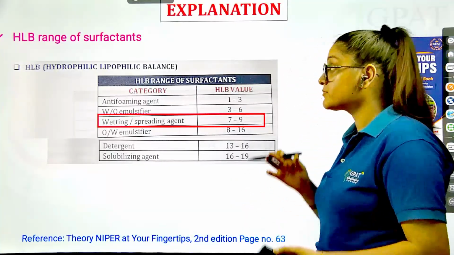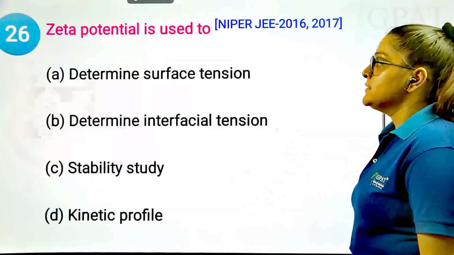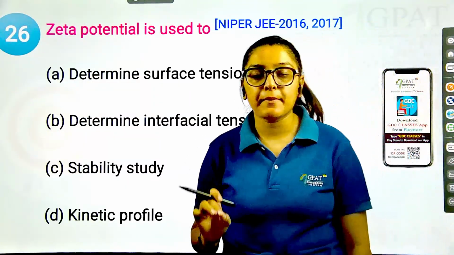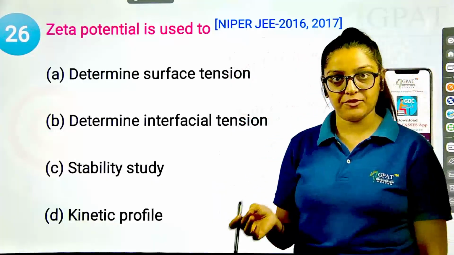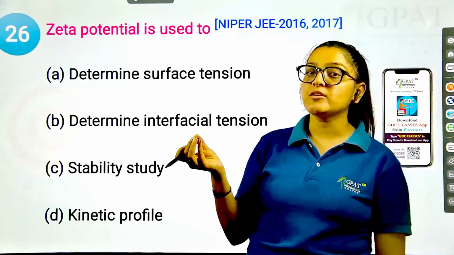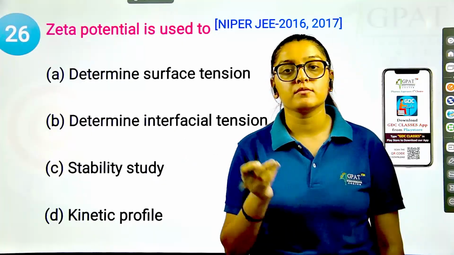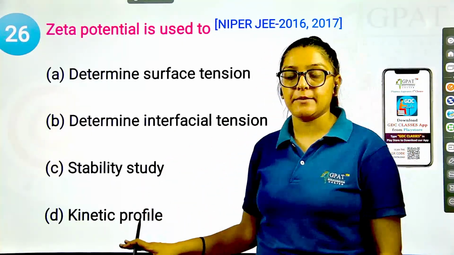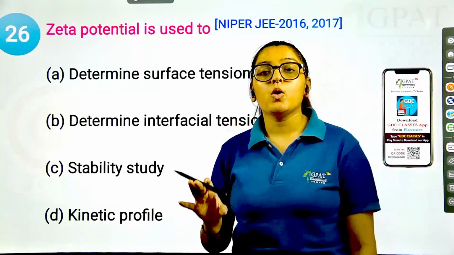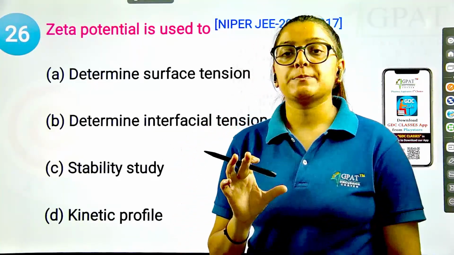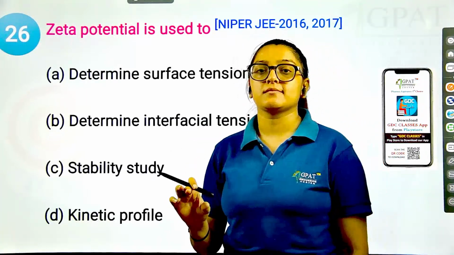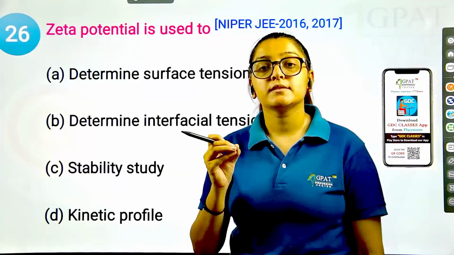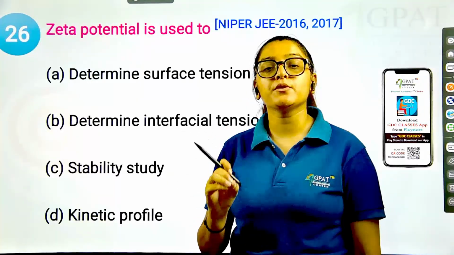Correct. Next question. Zeta potential is used to determine surface tension, interfacial tension? Zeta potential is not included there. It is about stability or kinetic profile. Based on colloidal dispersions and biphasic systems, there should be good control over stability, which is attributed to their nature.